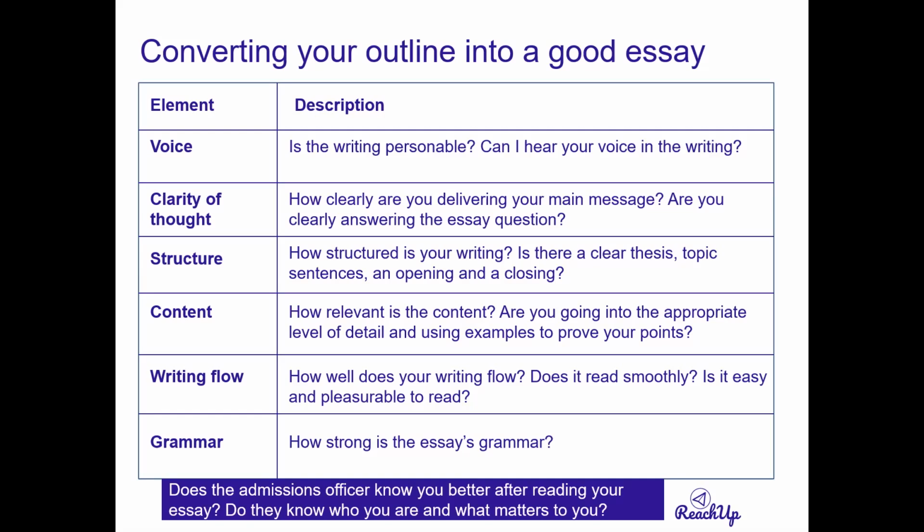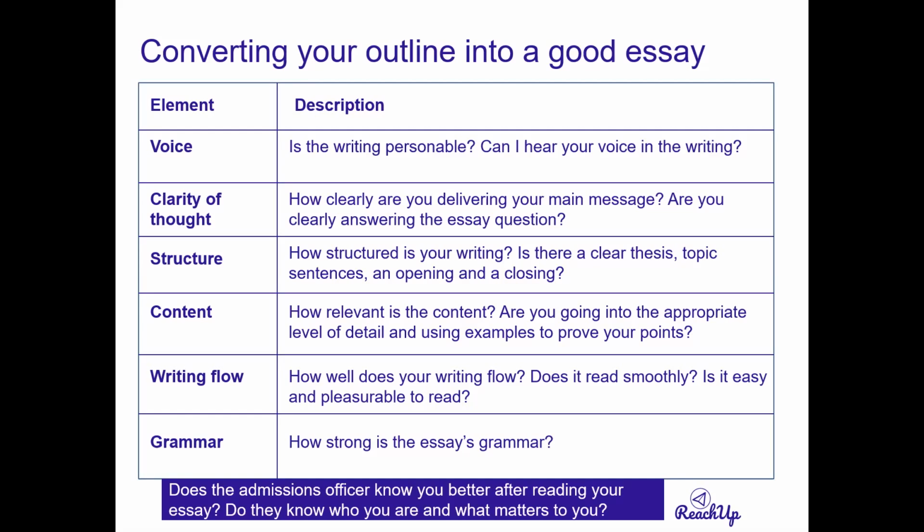And then finally, a very important element is grammar. How strong is the essay's grammar? Do you make sure you don't have any spelling mistakes? Is the grammar good? Is it strong? This isn't something that's going to impress the universities, but it's definitely something that can hurt your chances if you don't get it right.